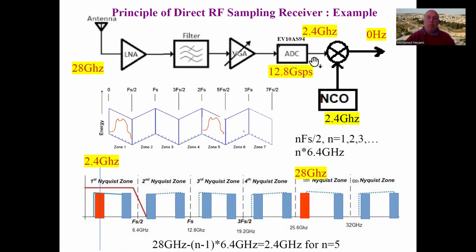And now what we need to do is bring that to baseband. And so we need to pass it through a numerical controlled oscillator, multiplying by it, which is basically a digital down converter. So we need to bring this 2.4 gigahertz in the digital domain to baseband, and then do all the following decimations and filtering and so on.